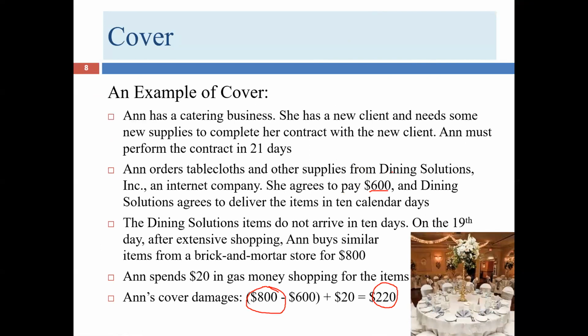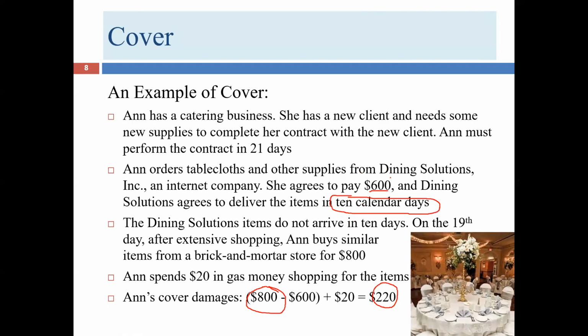We don't have any yellow tablecloths, and we can't source them in time for your needs, so we are going to breach.